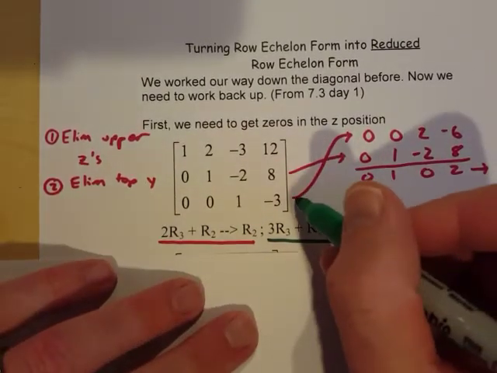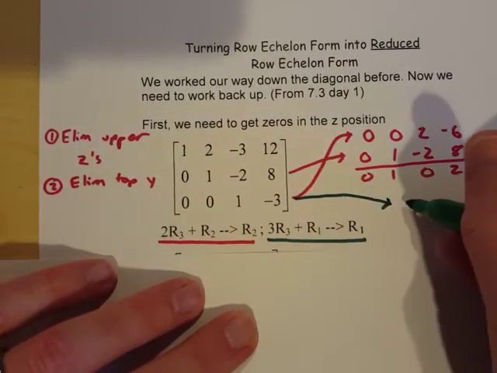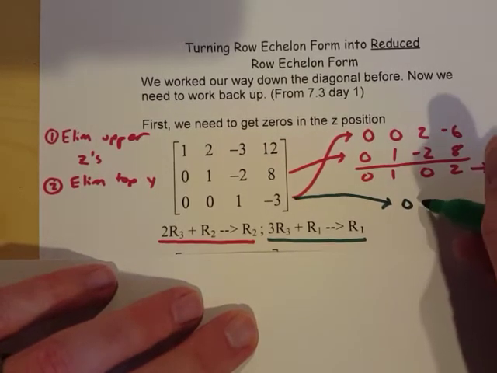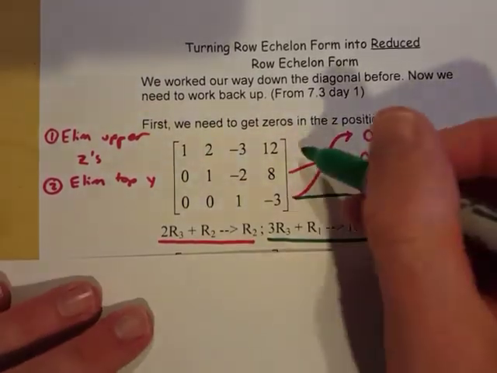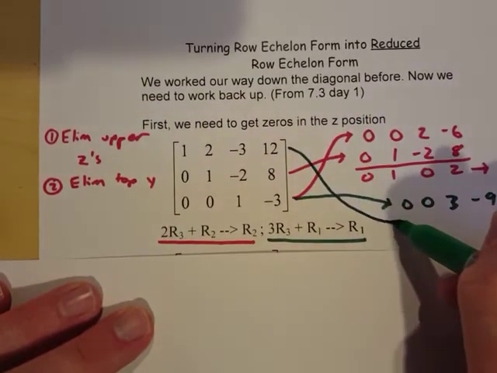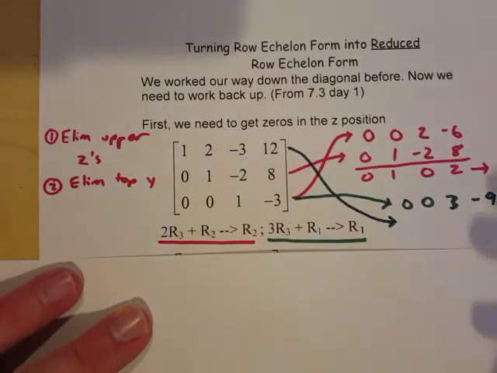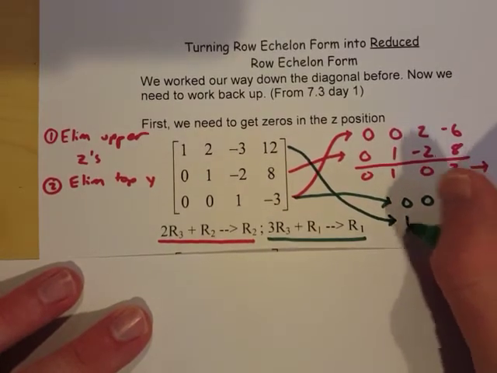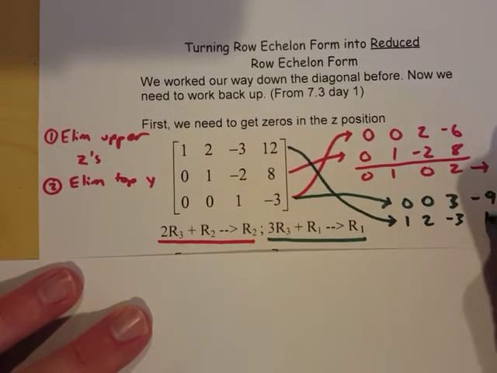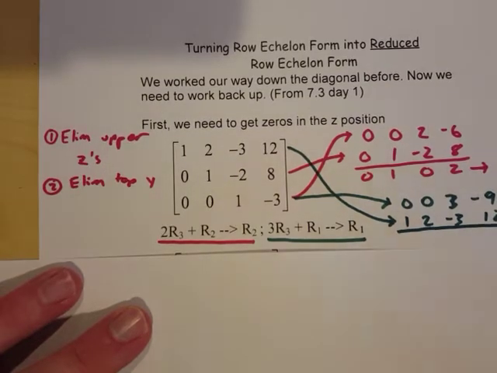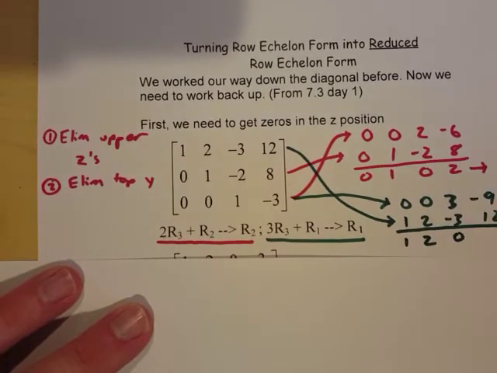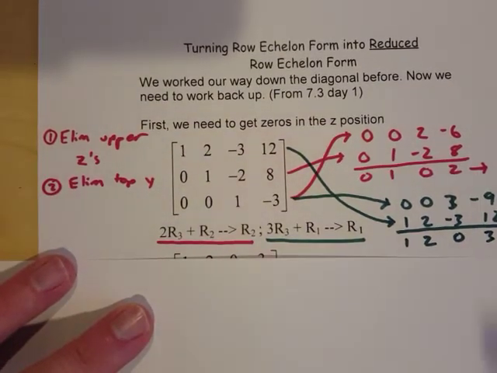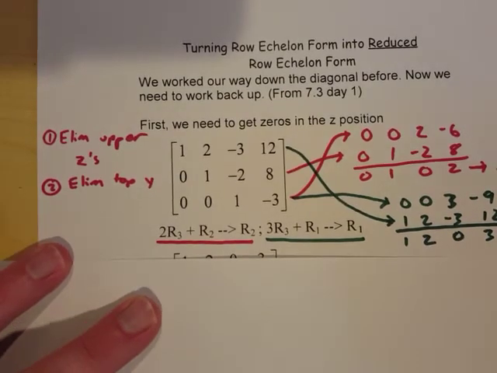That means I'm going to take this one down here, multiply it by 3, so that's 0, 0, 3, -9, and then I'm going to add that to this row up here, which is 1, 2, -3, and 12. Put those two together and we will get 1, 2, 0, and 3. So that's going to be our new row 1.